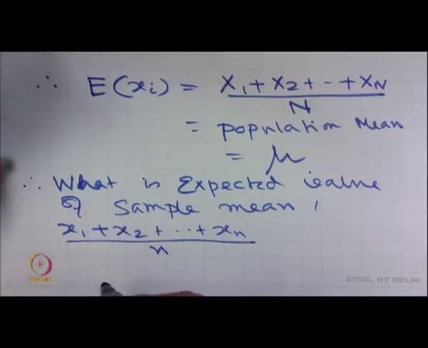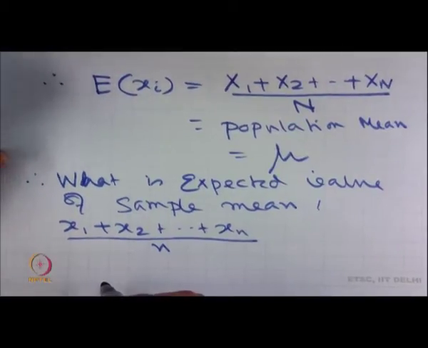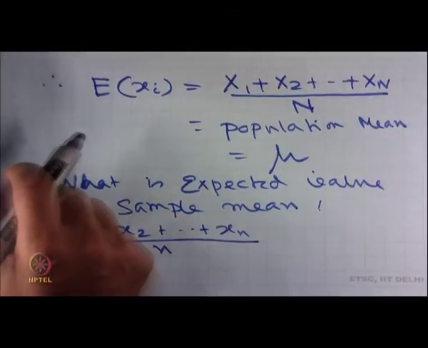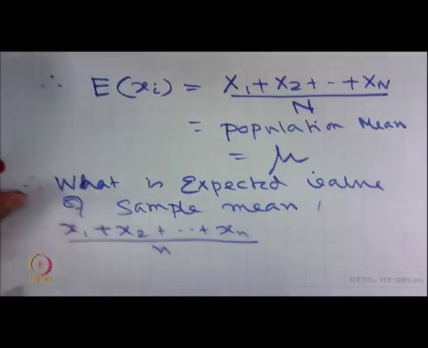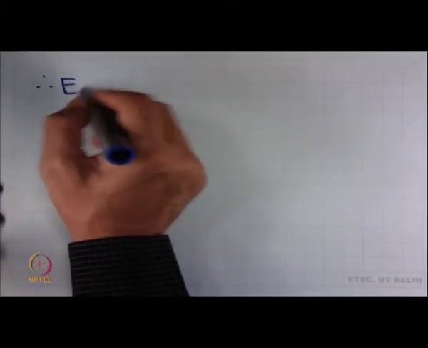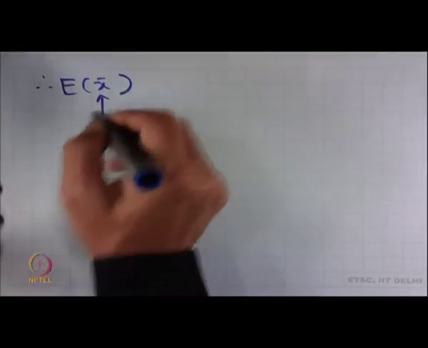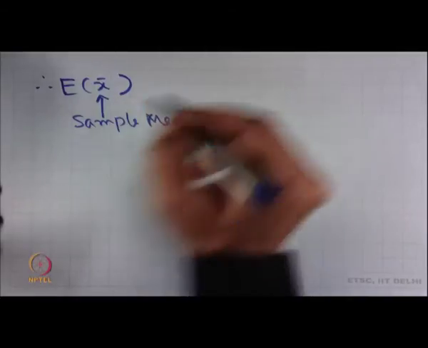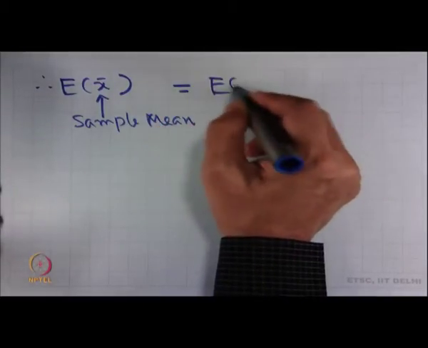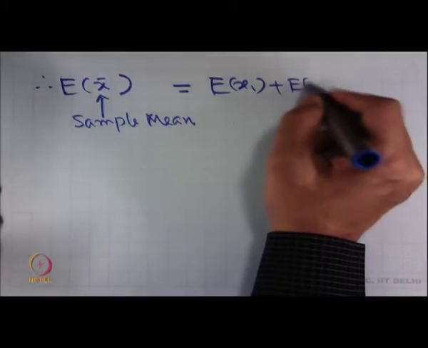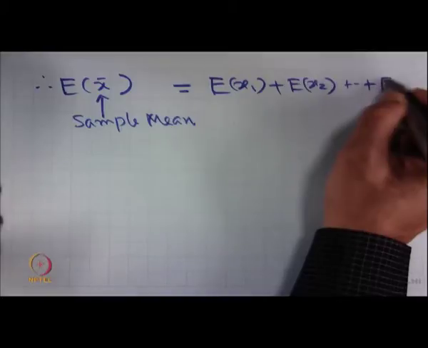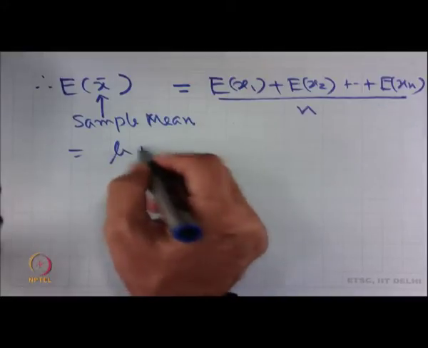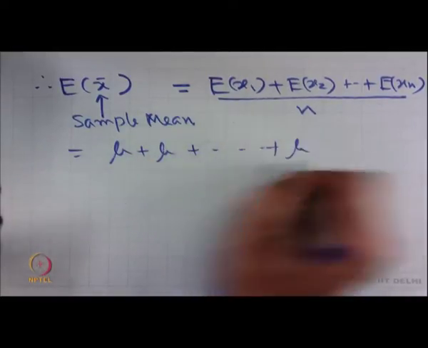We know from the theory of expectation that the expectation of a sum is equal to the sum of expectations. Therefore, the expected value of x bar, which is the sample mean, as I already said, is a random variable, is equal to the expected value of x1 plus the expected value of x2 plus the expected value of xn divided by n, which is equal to mu plus mu plus mu over n.